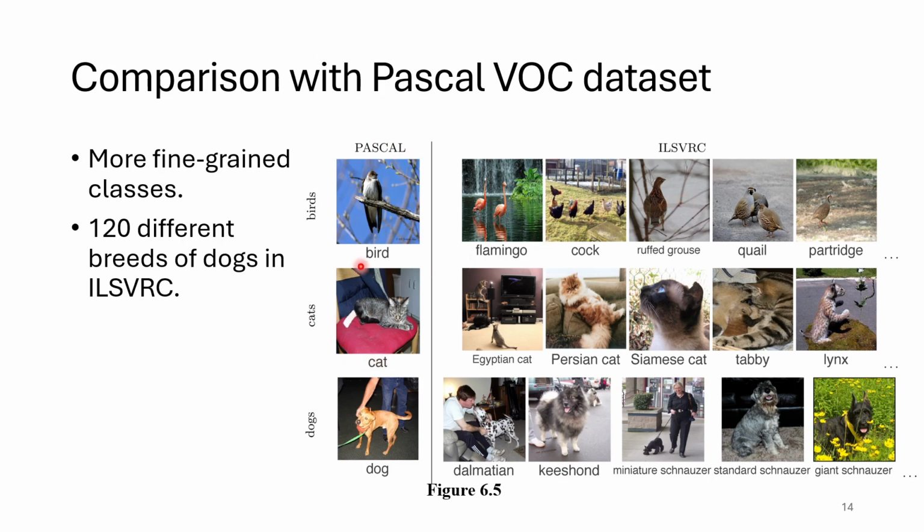There is only a single cat class in the Pascal VOC dataset, but there are Egyptian cat, Persian cat, Siamese cat, even lynx in ImageNet. So one class in Pascal can be separated into many different subclasses in ImageNet.